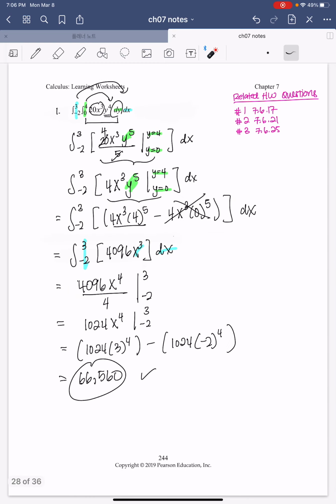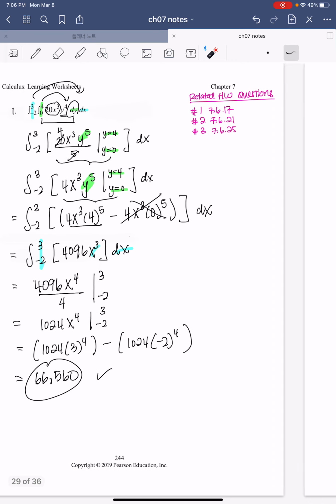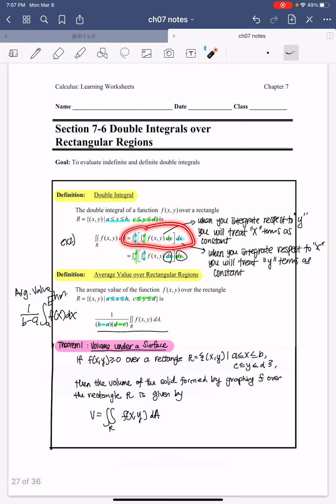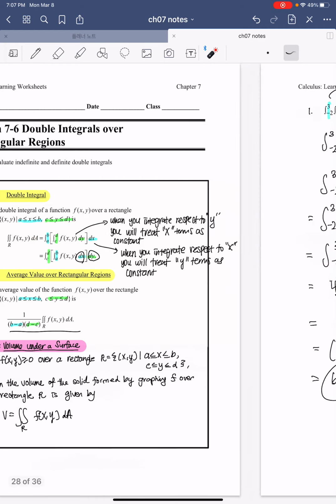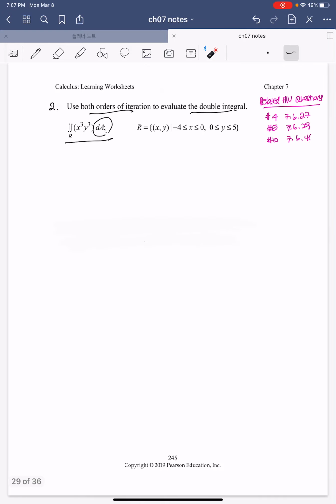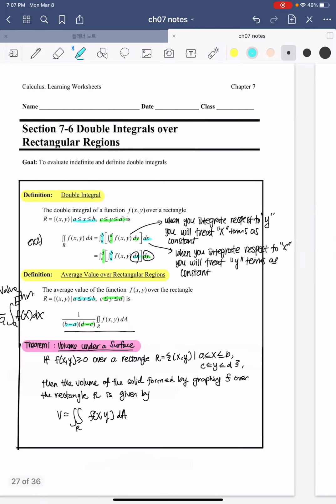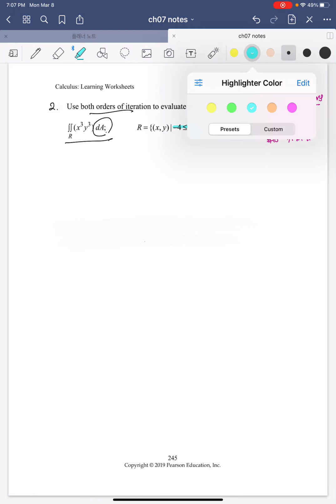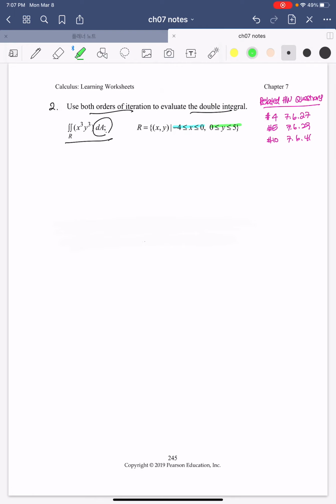The first one, I'm going to start with my first definition, dy dx. So integrating with respect to the y term first. Again, let me use the highlighter. I'm going to use blue for the x term and green for the y term. So the first setup is with respect to y first.